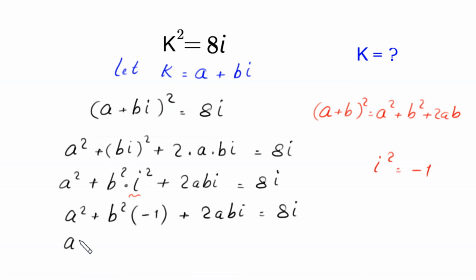Next, a squared plus b squared times -1, negative b squared, plus this 2abi is equal to this 8i, which can be written as 0 plus 8i.